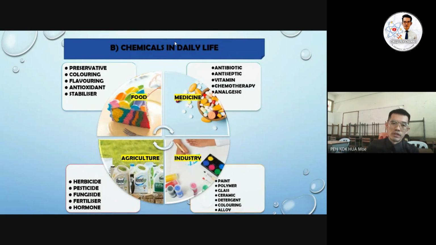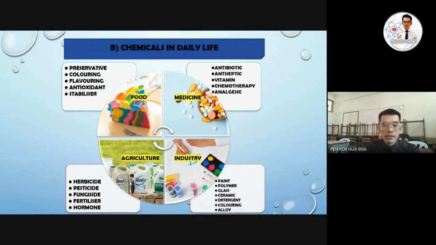The preservative is a chemical we use to preserve the food or material against decaying. That means we can ensure that our food can be kept for a longer time. Then coloring, you can look at the picture here, to make our food look more attractive. And then we have the flavoring. The flavoring is a substance that gives a different, stronger or more agreeable taste to your food and drinks.